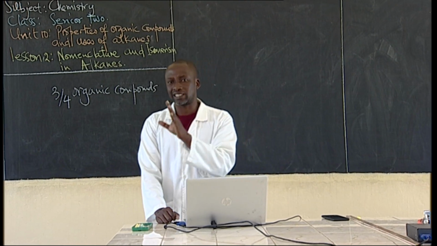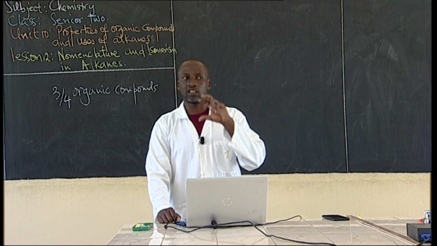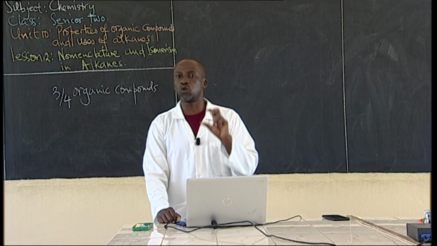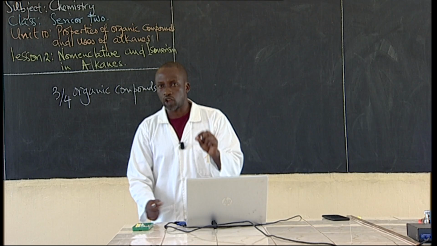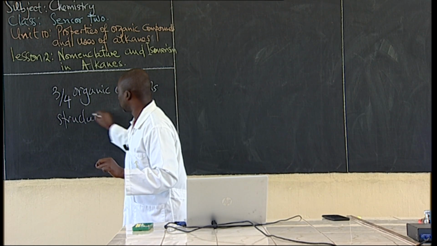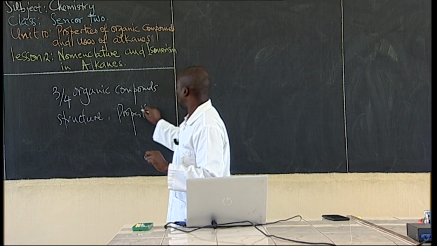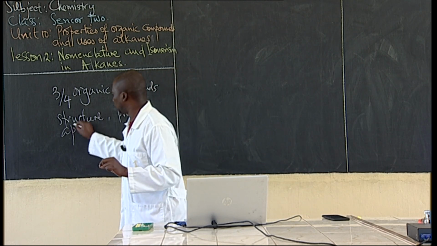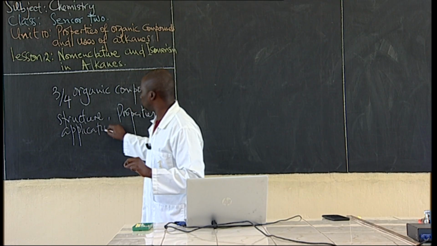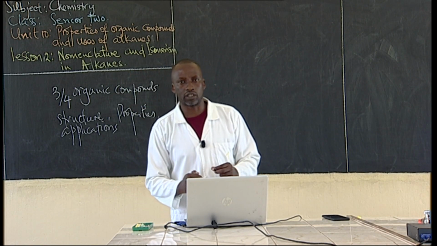So for proper studying, because you remember we said in these organic compounds we'll be looking at the structure, we look at the properties, and then look at the applications, the applications or the uses of these organic compounds.